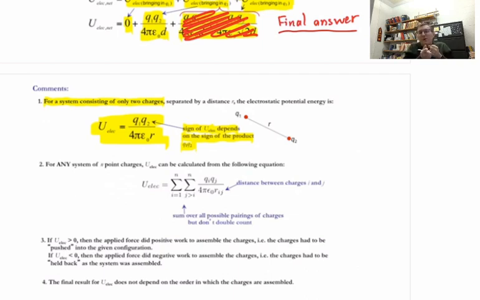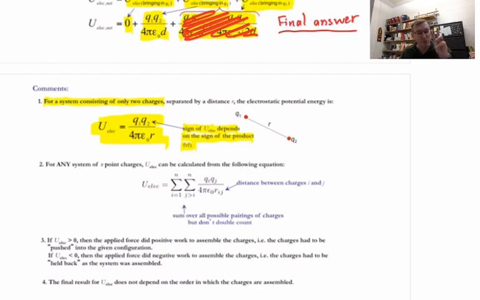I have to hold the second particle back as it goes in so that it doesn't speed up on me, because if they have opposite signs of charge, they're attracted. So you can have negative stored energy, and it means you had to do negative work to configure the charges. That means they want to come together, versus if it's positive stored energy and you did positive work, they didn't want to come together.